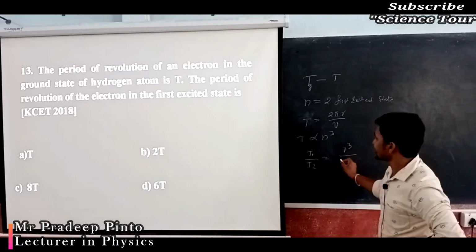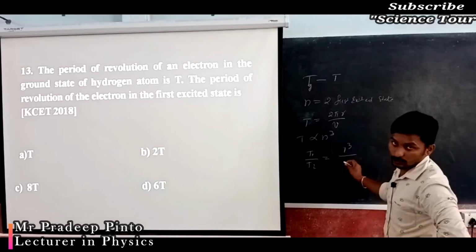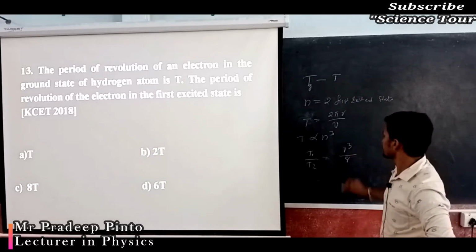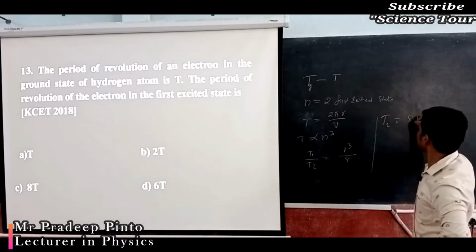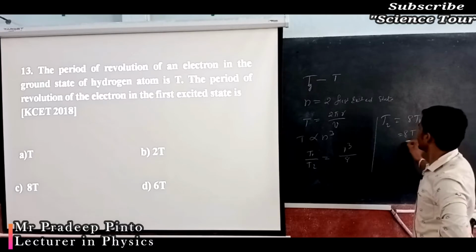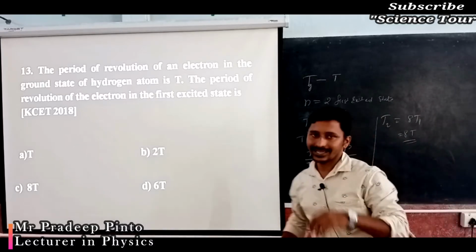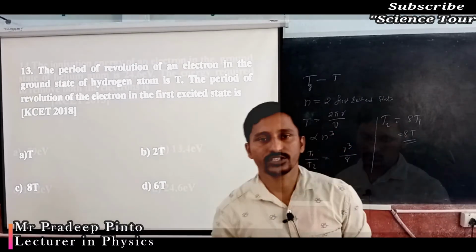Next one is T2, that is second state, that is 2 to the power cube, that is nothing but 8, isn't it? So that implies T2 is equal to 8 times T1. So T1 is nothing but T. So it is nothing but 8 times T. This is what period of revolution is.